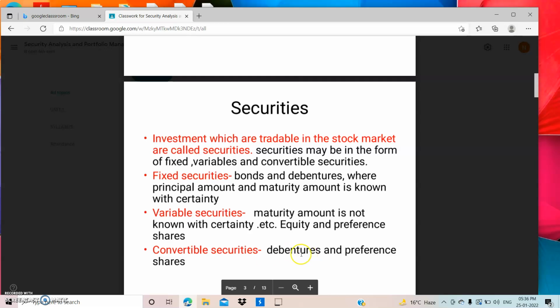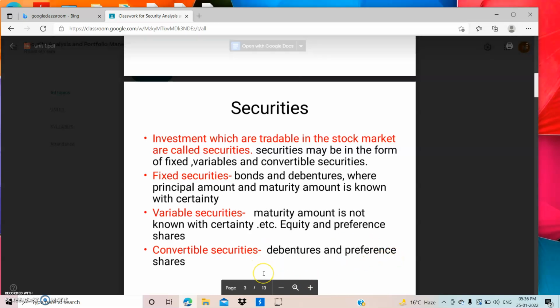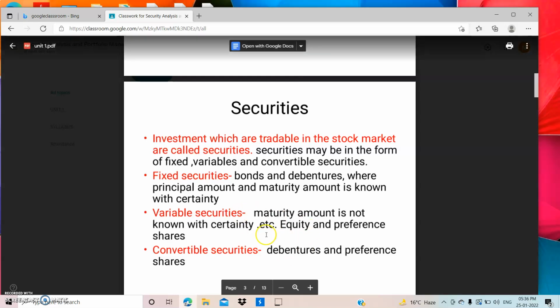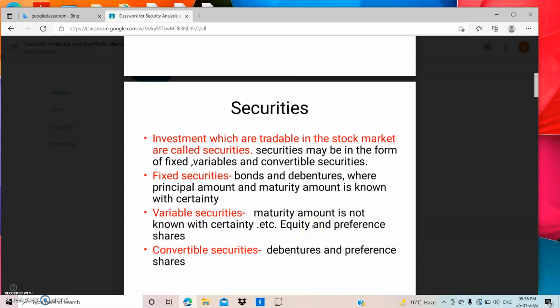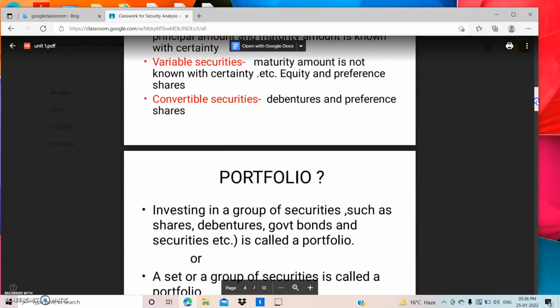For example, the debentures of a company can be converted into preference shares, and preference shares are convertible into equity shares. All these are tradable in the stock market. That means you can buy and sell these securities in the stock market.